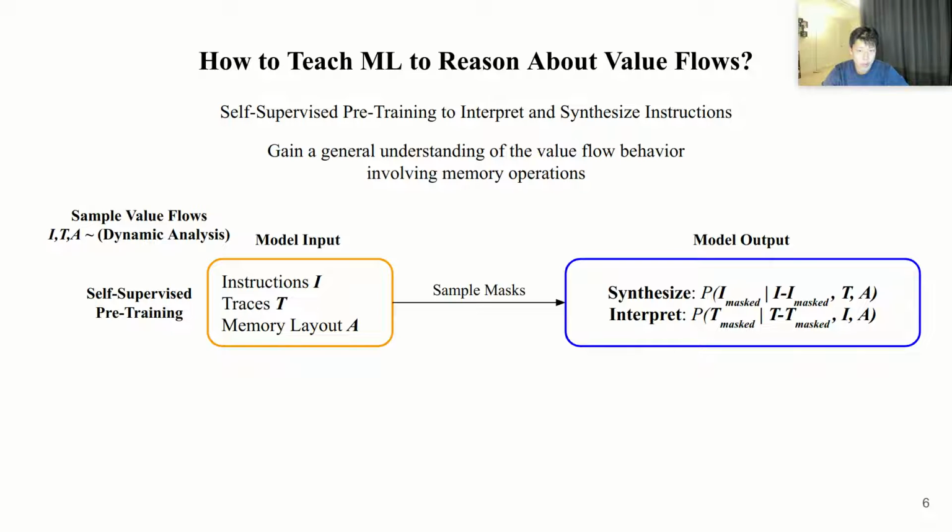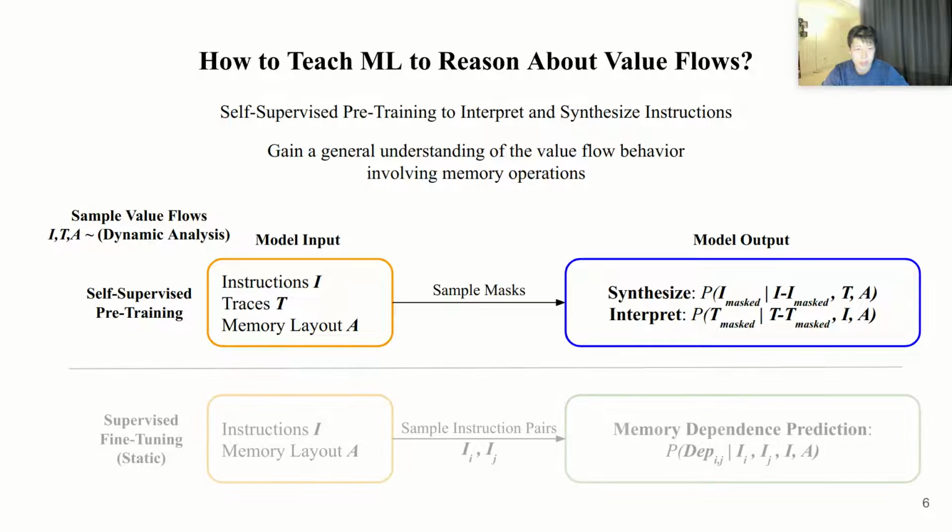While predicting masked opcodes teaches the model to synthesize the instruction, predicting masked values in traces and memory addresses forces the model to learn to interpret instructions and their effect on registers and memory contents.